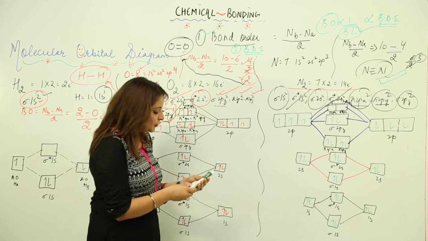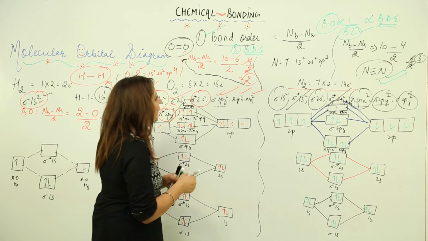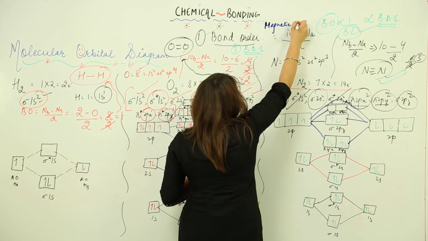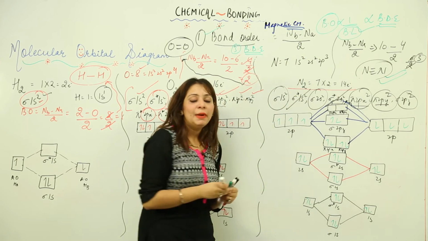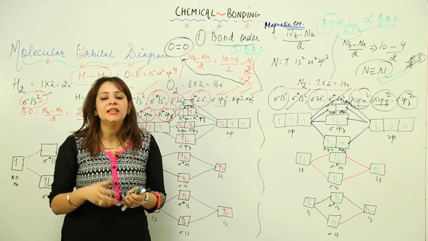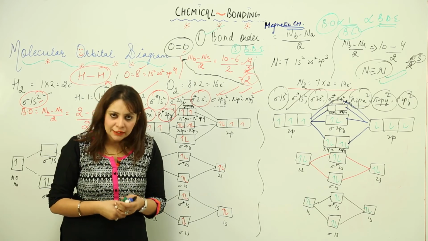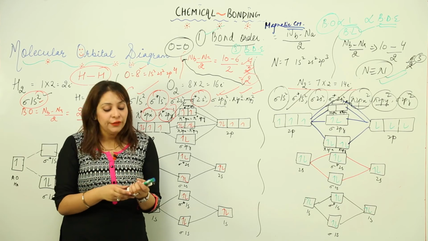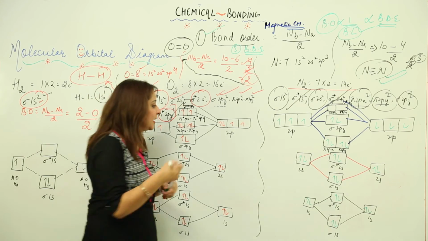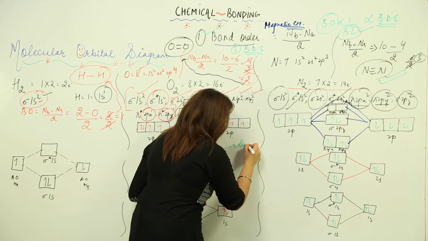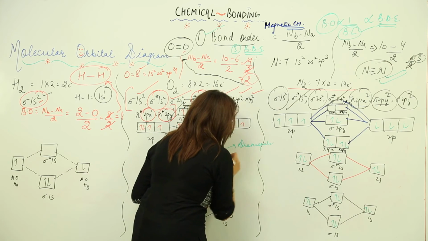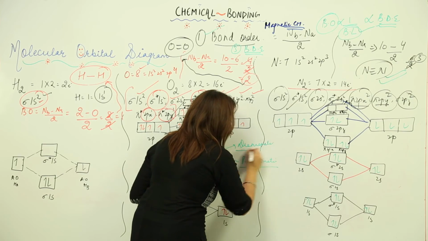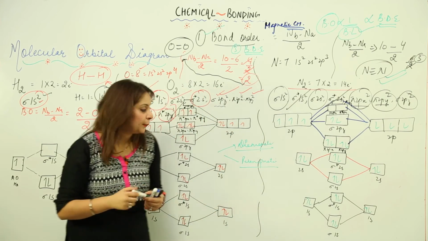The fourth information which is revealed by this diagram is the magnetic character. Magnetic character implies whether the given molecule is attracted by the magnet or not attracted by the magnet. So we divide these molecules into 2 categories, diamagnetic and paramagnetic.